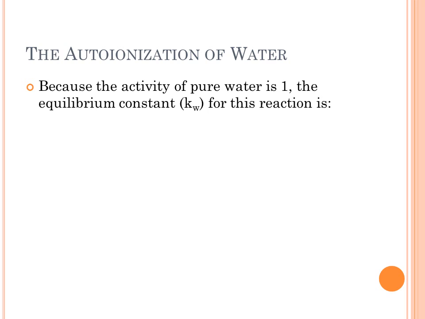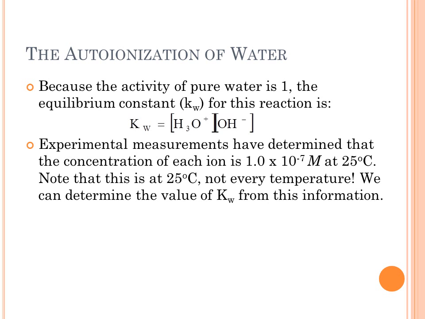Because the activity of pure water is 1, we can write the equilibrium constant Kw for this reaction, where Kw is equal to the product of the hydronium and hydroxide ion concentrations. At 25 degrees Celsius, we're going to say that the hydronium and hydroxide ion concentrations are 1.0 times 10 to the negative 7th molar.